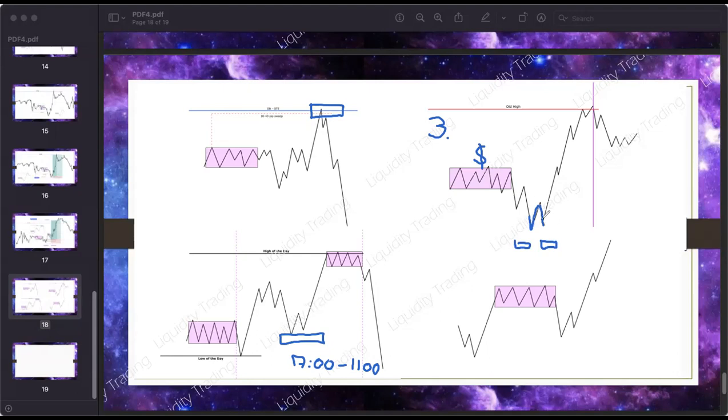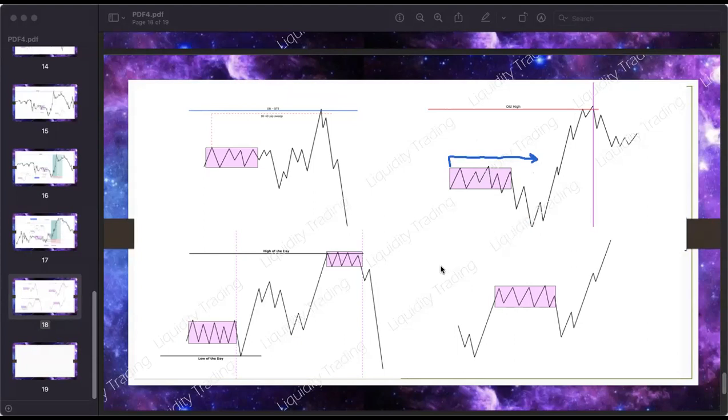But in terms of the pattern, what you should be recognizing here is that the market is not sweeping the Asia range high, or obviously the opposite direction, it wouldn't be sweeping the low. So let's say in this example, when the market is not sweeping the Asia range high, it is still seen as liquidity in the market. So this part is still seen as liquidity.